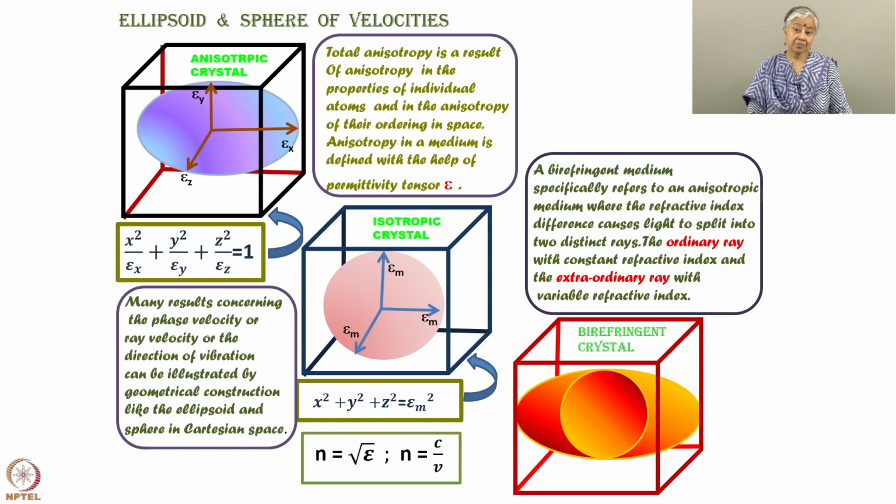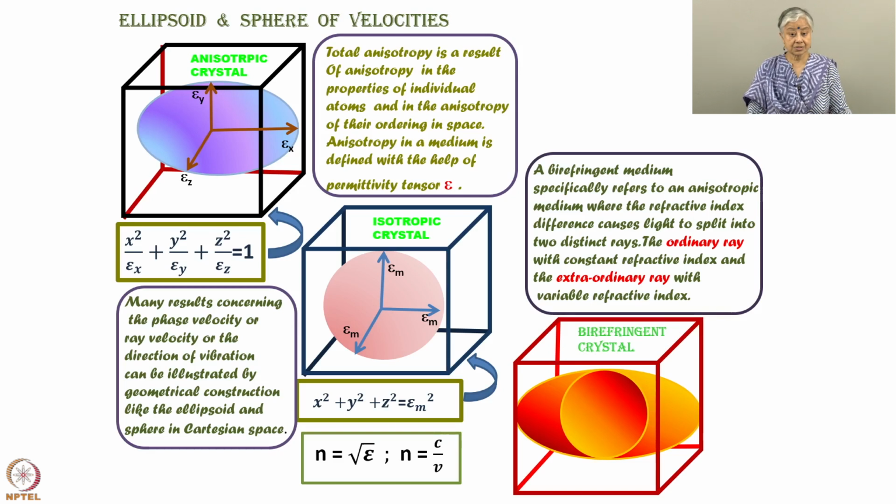So, what do I mean by anisotropic crystal? Total anisotropy is a result of anisotropy in the properties of the individual atoms and also in the anisotropy of their ordering in space. Anisotropy in a medium is defined with the help of the permittivity tensor epsilon.